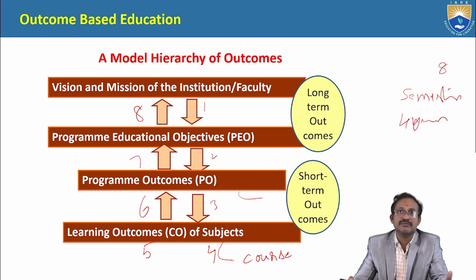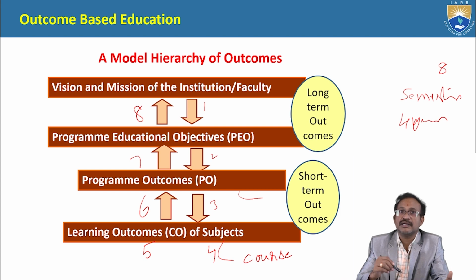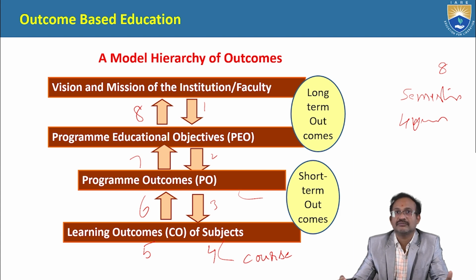Based on this assessment, we can measure the course learning attainment. It should be measurable; the course learning outcome must be a measurable one.